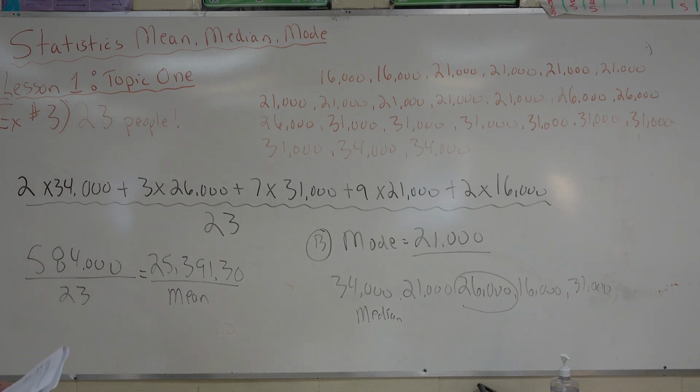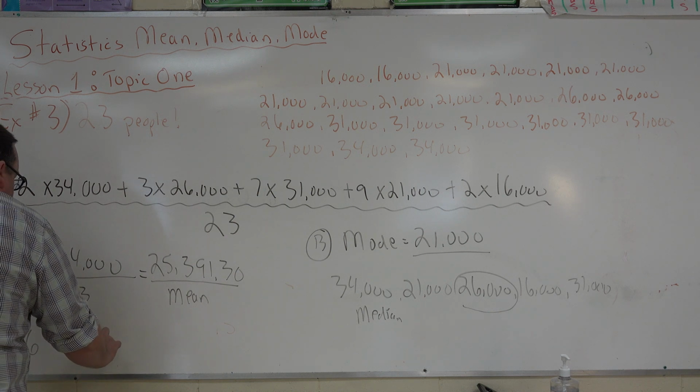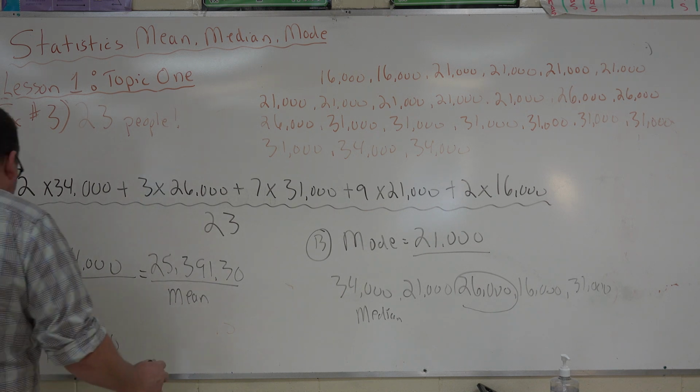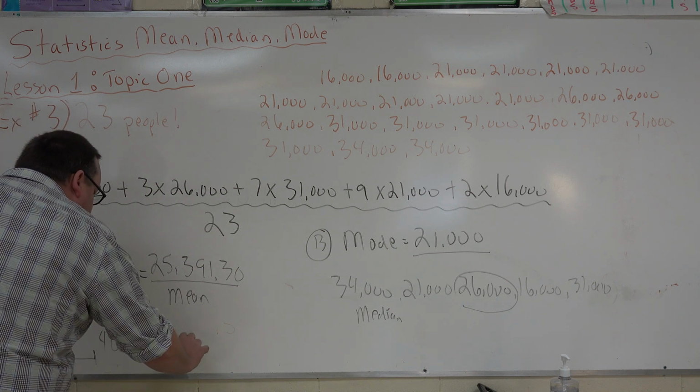A range is, if I was to put on the board here 16 and I was to go to, let's see, if I was to go to 40, my range of numbers here, how much is that? So what I would do is I would go, okay, I would go 40, subtract 16.